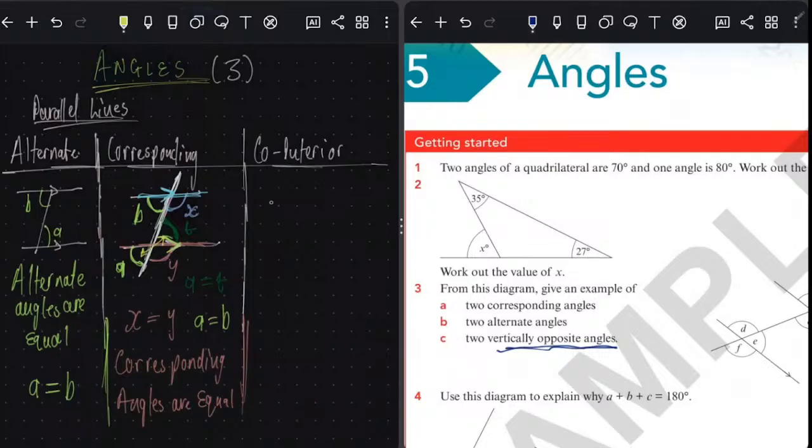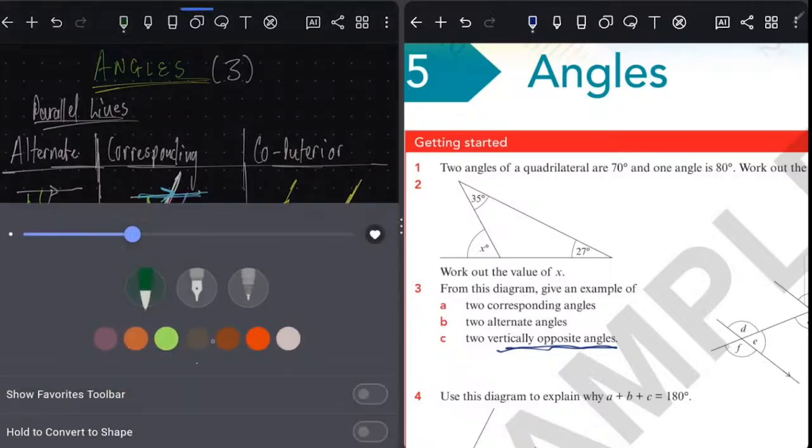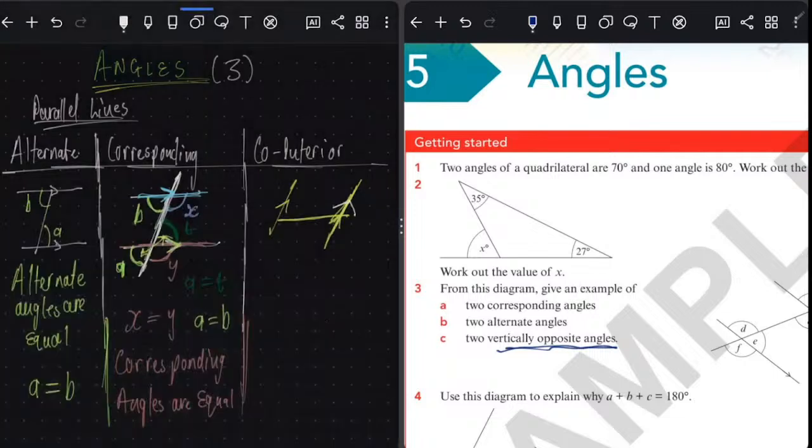What about co-interior now? If they put a line like this, you look at your two parallel lines, right, boys? If we choose angles inside, like here, A and B, what do we know about them? Both of them are inside.